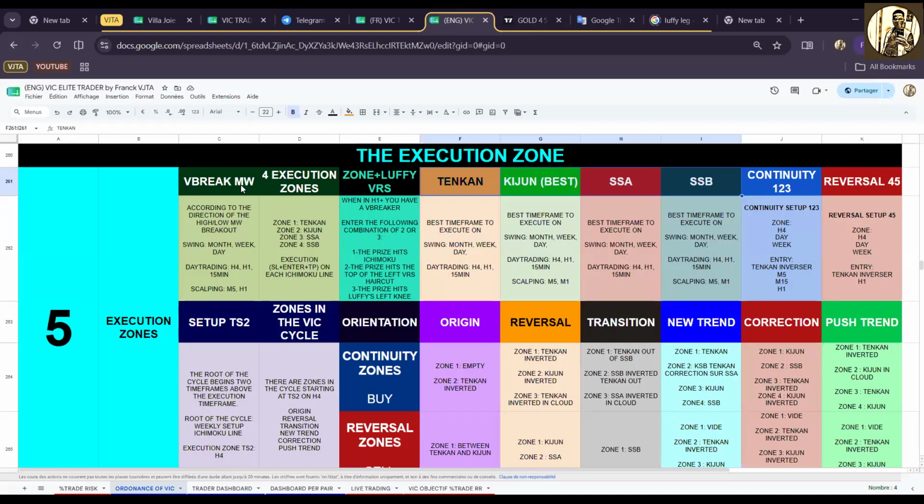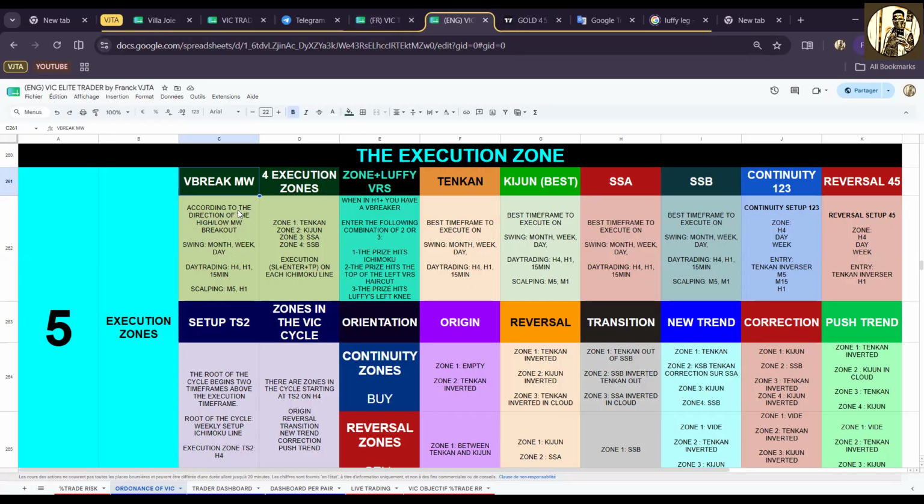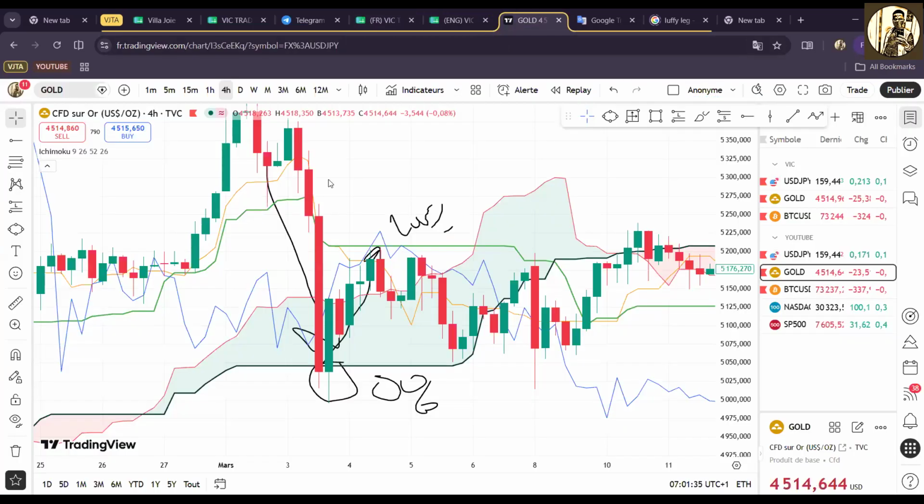Okay. So now, for the first column here on the Google Sheet, when you see V breakers, V break of MW, what do I mean by that? I mean by that, you need to always buy according to the direction of the high and the low of the V or the MW breakout.